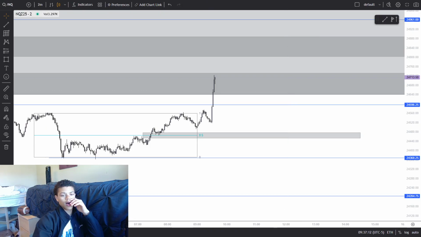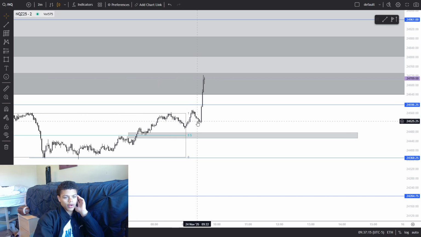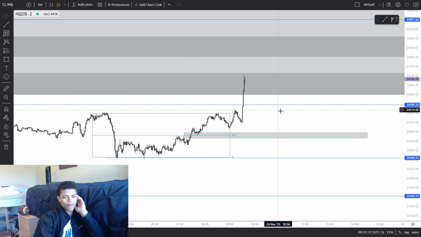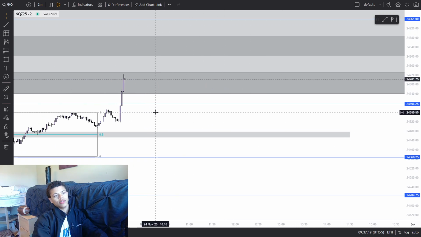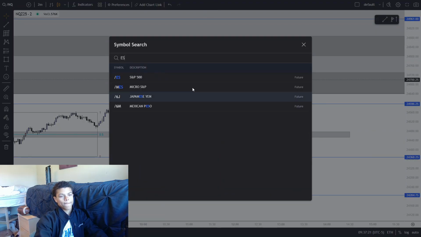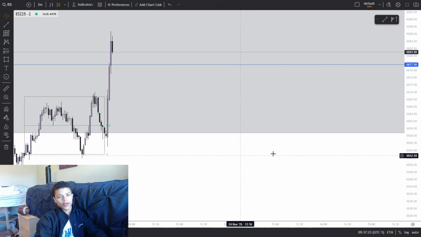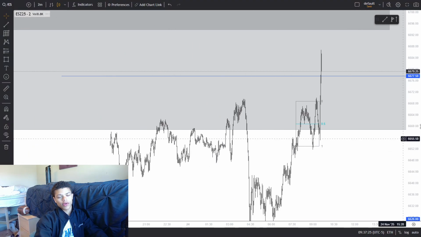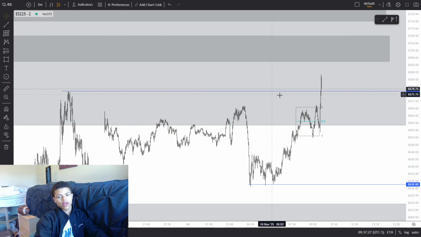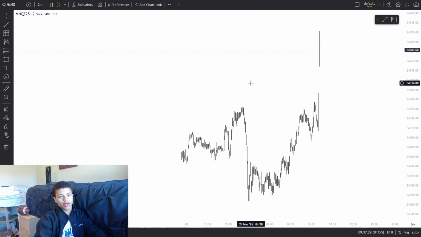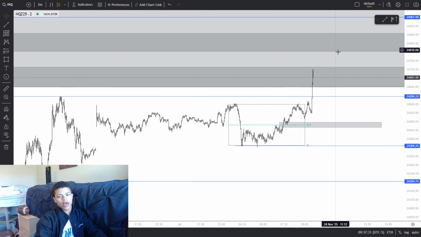Alright. I would like to see a possible reversal here. I like how we're already coming lower on the ES. Higher high, higher high.